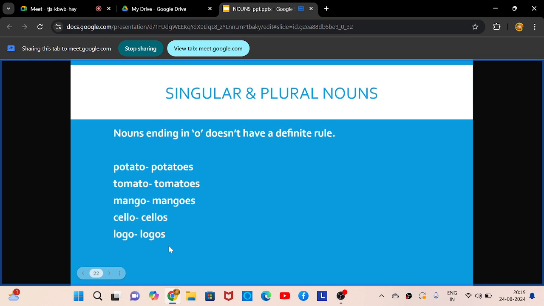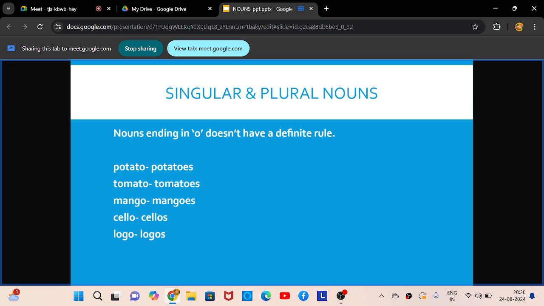Okay, now moving to nouns ending in o. Actually for nouns ending in o, there is no definite rule. If you look at these examples, you will know. For example, potato becomes potatoes, tomato becomes tomatoes, and mango becomes mangoes. So you are adding es to get the plural forms.